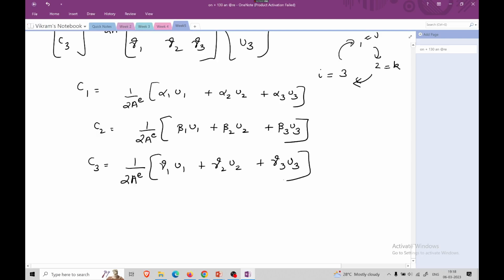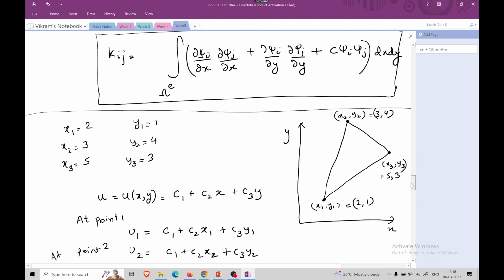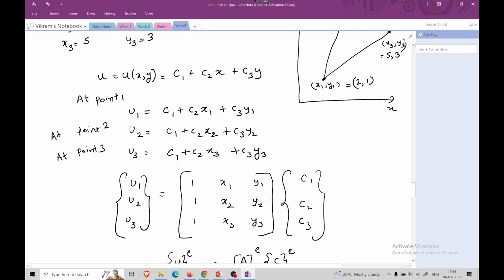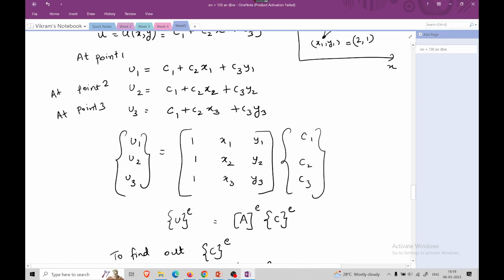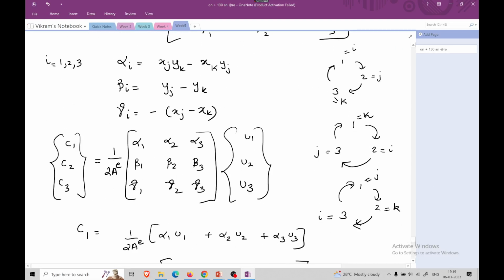So we have found out C1, C2, C3, but what is our objective? Our objective is to find the interpolation function, so U. I can write this as summation i equal to 1 to 3 of Uj psi j of x comma y. Now what is my U?